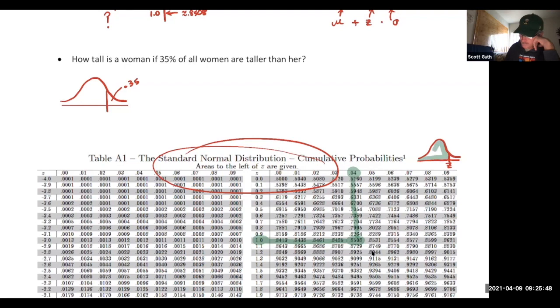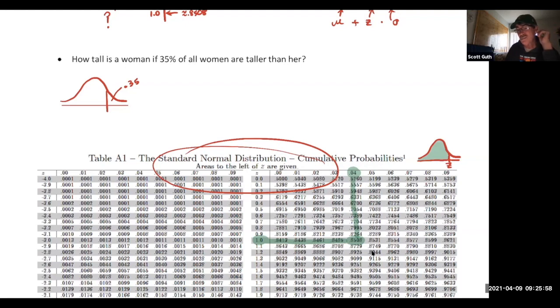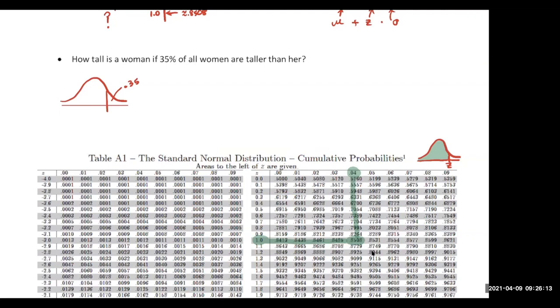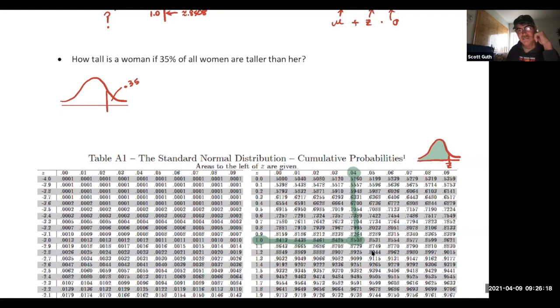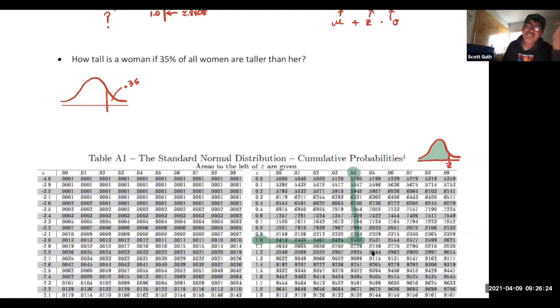So what I'm coloring right now is an area to the left of the z-score that you're looking at. And that's all the table gives. It can't give both, right? It has to do one thing. So it's typical for us to give the areas that accumulate on the left side of the z-score. We call that a cumulative distribution, where you accumulate up to a point. Okay, is that all right? Yeah, you just got to get used to it.